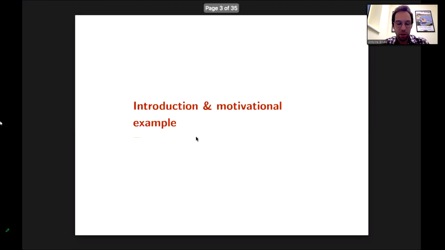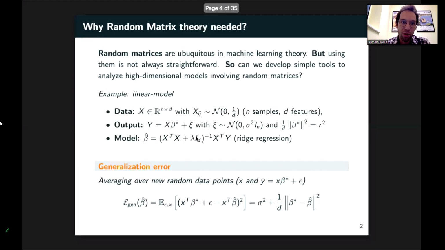All right, so let's start with the introduction with the motivational example. This talk is going to be mostly about random matrix theory, and the question is, why do we need them actually? Well, it seems like random matrices are becoming ubiquitous in machine learning, but it's not always straightforward to use them.